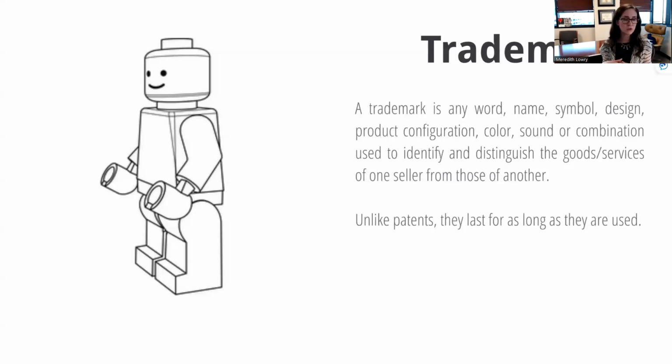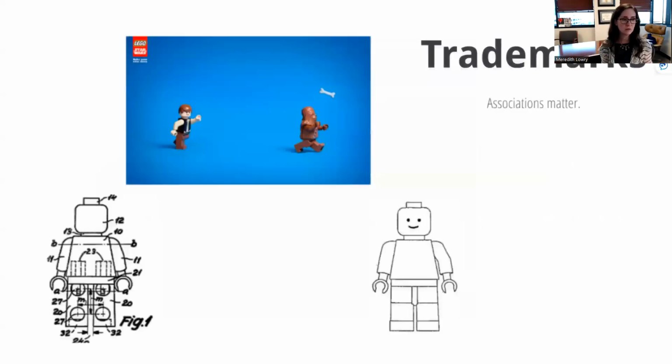It's important for you to understand what your customer sees you as. Clearly Lego has done that. It's also important for you to think through what you want your business to have. What do you want to be known for? Or what do you want to stop other people from doing?